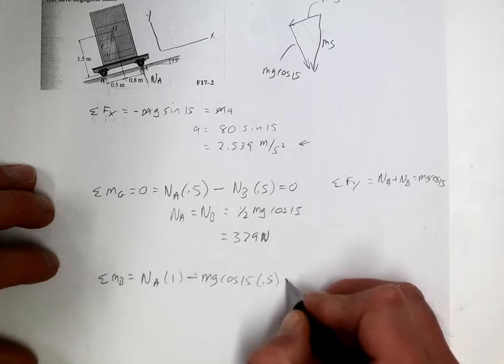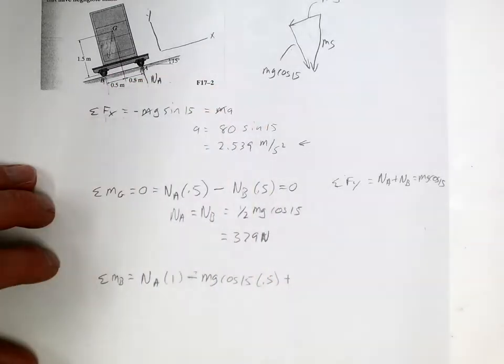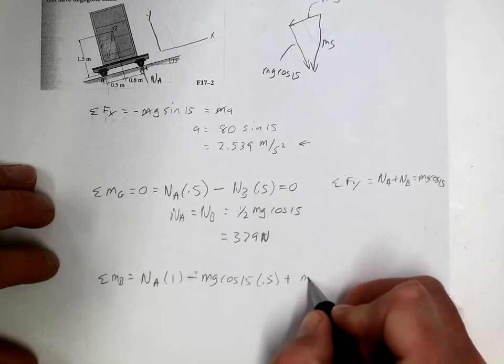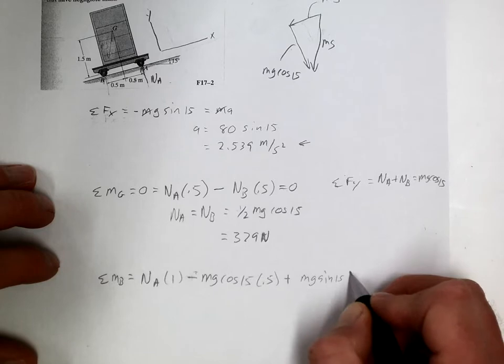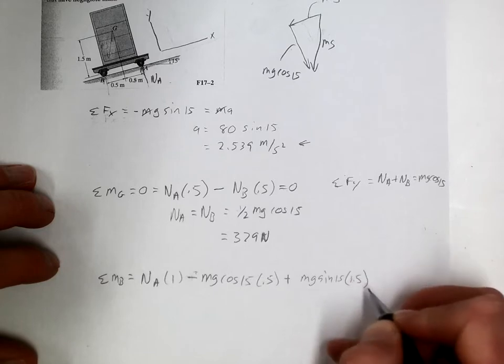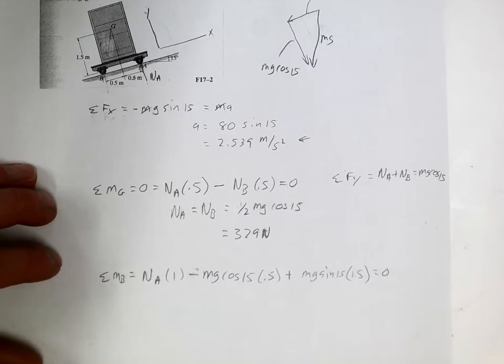And then I'll take the x component of mg, which is mg sine 15, times 1.5. And that equals 0.